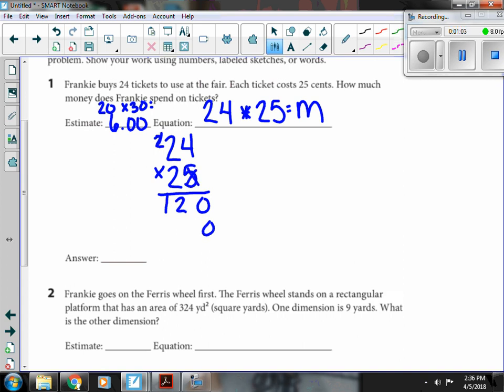And I add my 0, and then I repeat with the 2. 2 times 4. And then I add up my totals. 0, 10, 4, 5, 6. And since I'm talking about money, I have 600 cents, which is $6. Which was exactly what my estimate was.